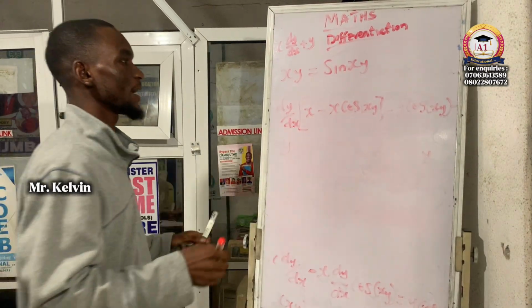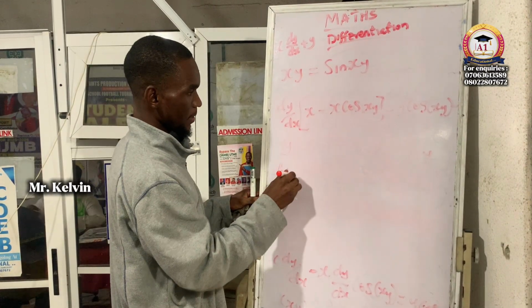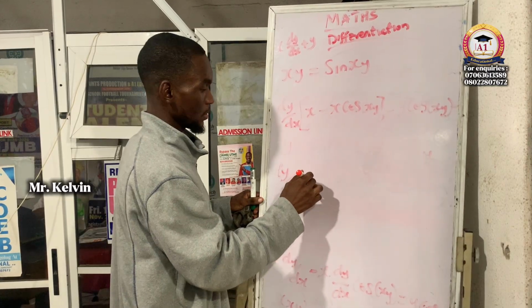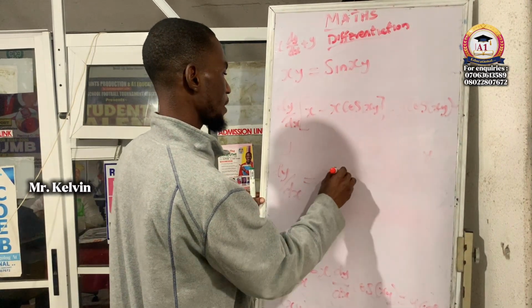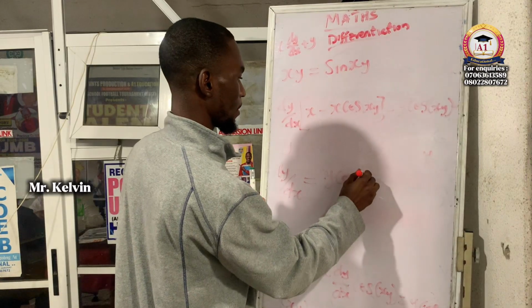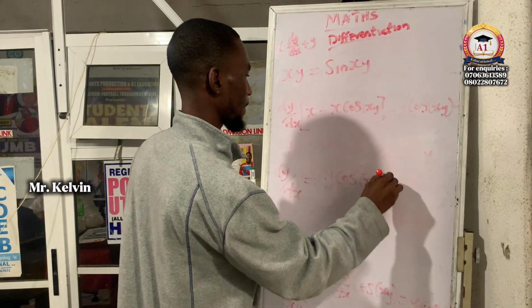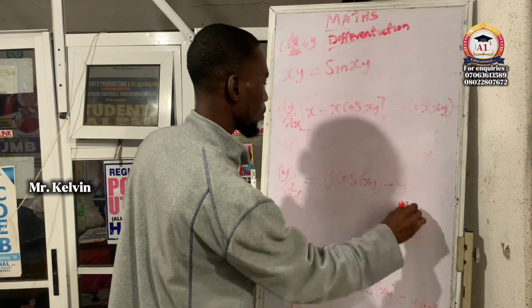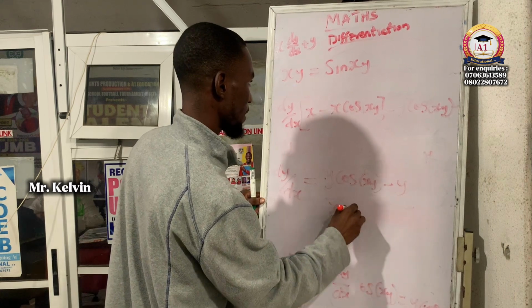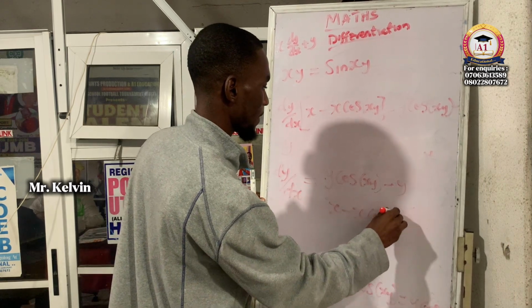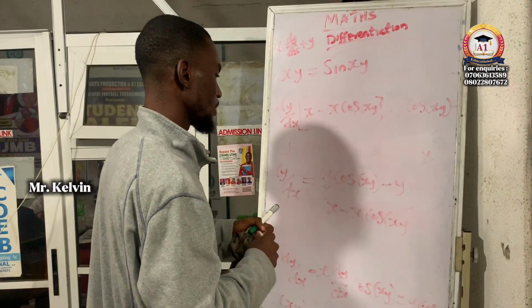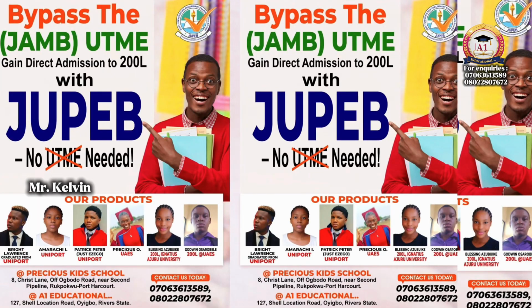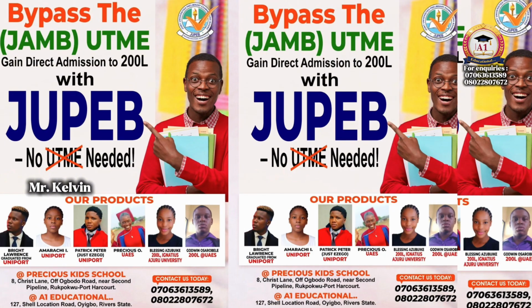Now you divide both sides by this, and it will give you dy/dx equals y cos(xy) minus y, all over x minus x cos(xy). Now, this can be your final answer for your implicit differentiation.